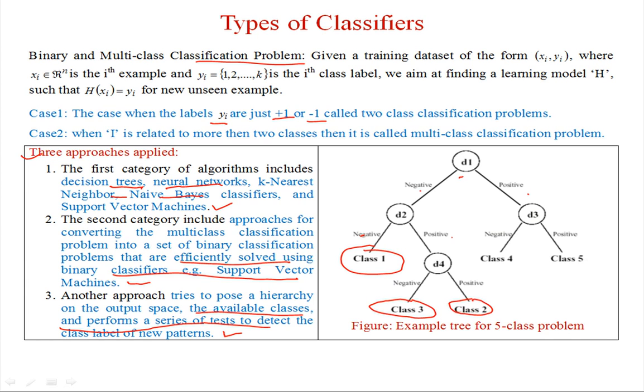Again this positive is divided into two classes. So this is the process of dividing a multi-class classification into a binary classification system. Negative and positive actually represent the binary decision model.